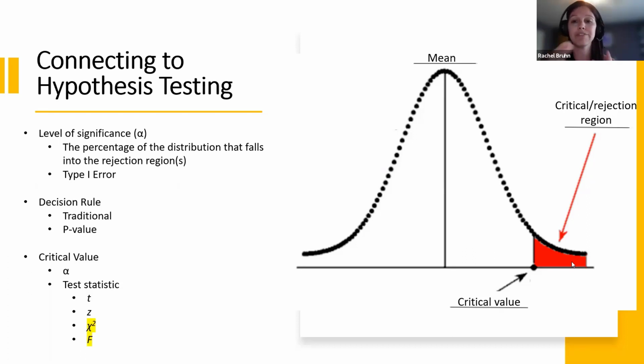This is defining our critical region or our rejection region. And if you think of it as a rejection region, it'll help because when you're doing hypothesis testing, you're either rejecting the null hypothesis or you're failing to reject that null hypothesis. So if you think of this as a rejection region, if your p-value falls into this rejection region, you get to reject the null hypothesis.